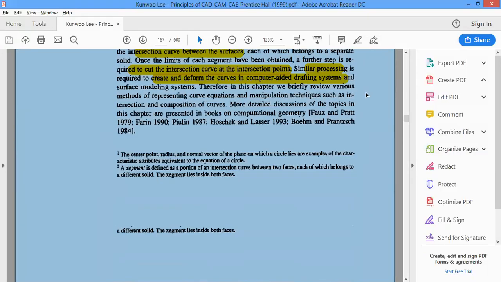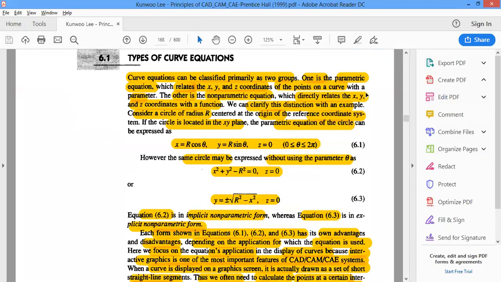So for this we will have to see some of the understanding and equations of how the curves are represented onto the system. The first thing is that we'll see the types of curve equations. These curve equations can be classified into two groups. One is the parametric equation, which relates to the XYZ coordinates of the points on a curve.